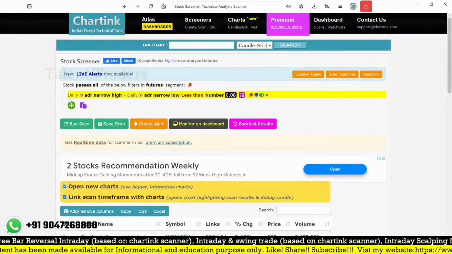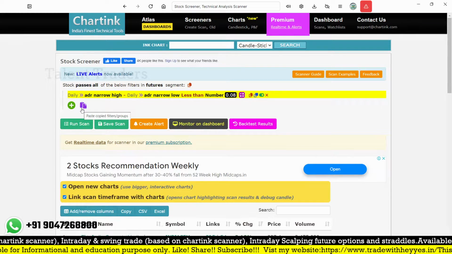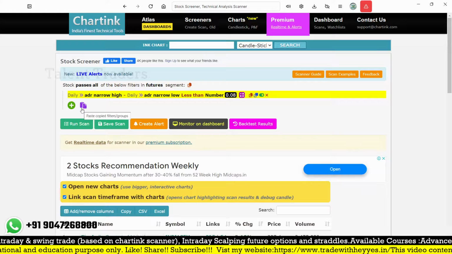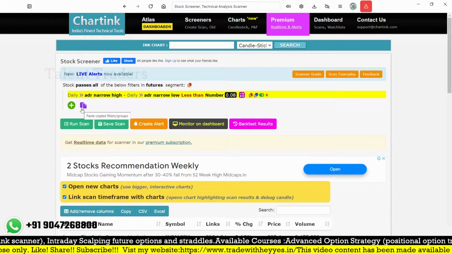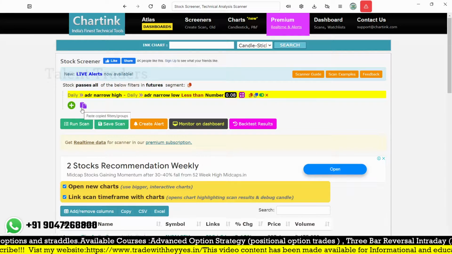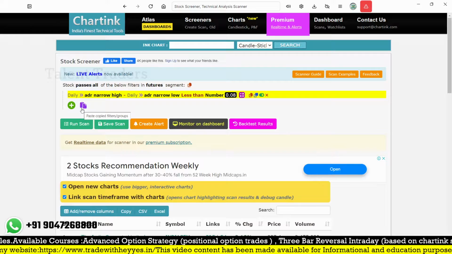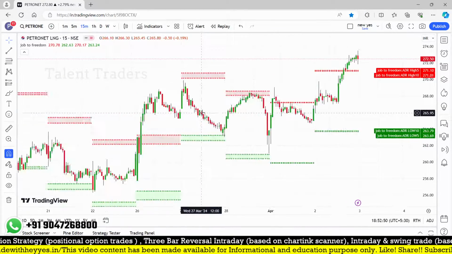And you can change it to 1 day ago, and you will find today's narrow ADR. So there are two ways. After market, you run the scan to find tomorrow's stocks, or you can change the 1 day ago in both places and you will find the current day narrow ADR. It never repaints because it is telling you exactly what happened, purely based on the calculation.